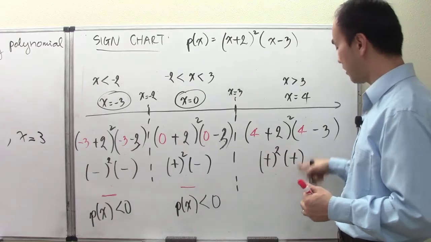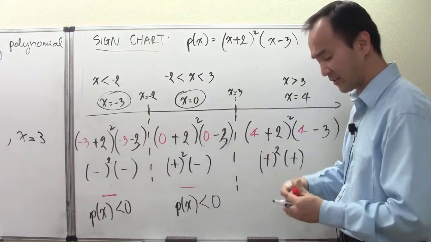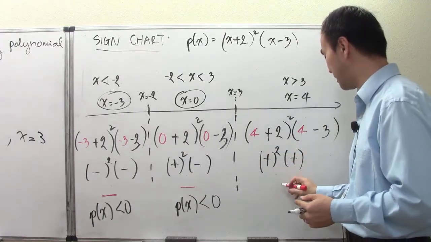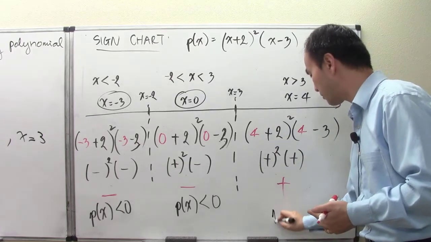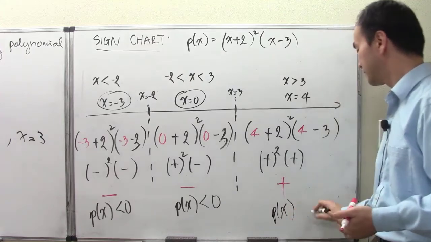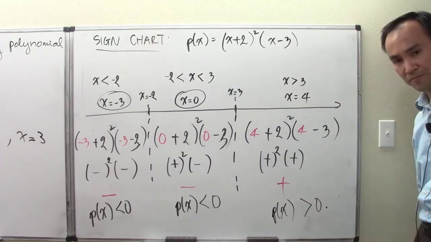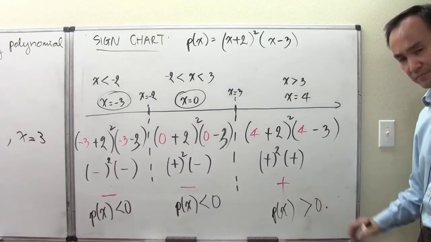So in the end, all of these multiply together. Needless to say, it has to be a positive overall sign. So our polynomial here is indeed positive in this interval.